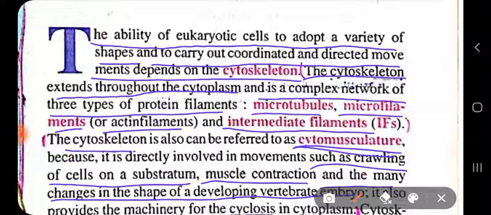They are all done with the help of cytoskeleton protein filaments.